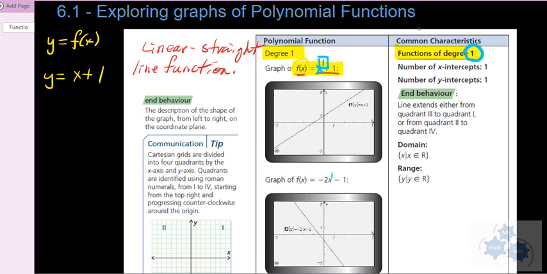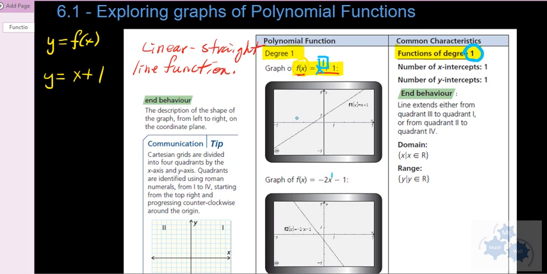So every degree 1 function is linear, right? And we'll see that in the textbook when we take a look at our summary, okay? We'll see all of this together. I'm just trying to explain this, so we'll see it all at once a little bit later when we talk about the review part, okay?